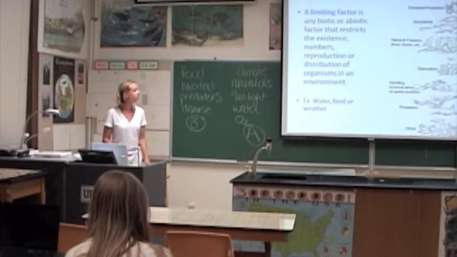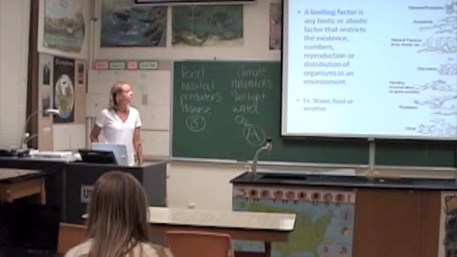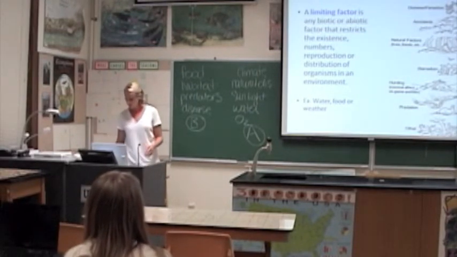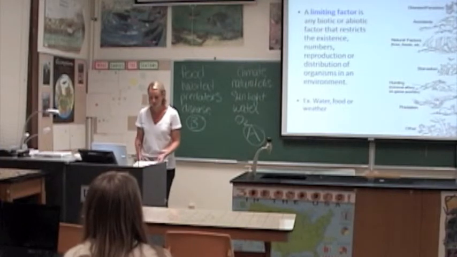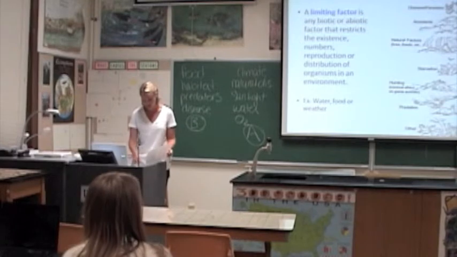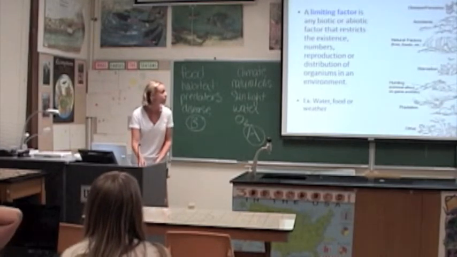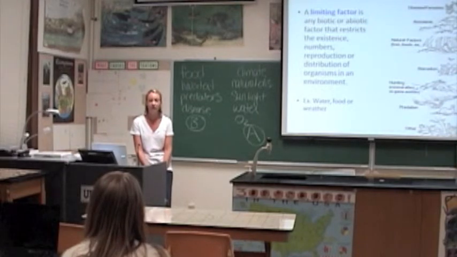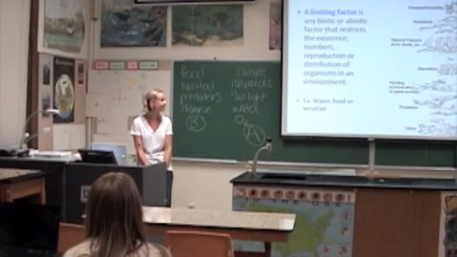And here's just a little illustration of some limiting factors. You have your disease and parasites. Obviously, if an animal gets a disease or a parasite, they may become sickly, and that will cause some population numbers to decrease. And then you have accidents. And I'm sure we've all seen on the side of the road armadillos or raccoons that have been run over.